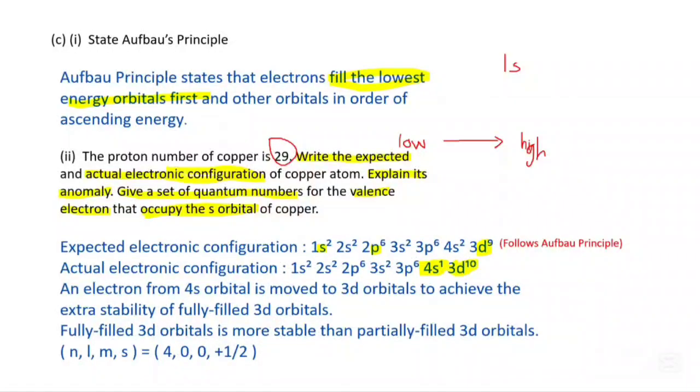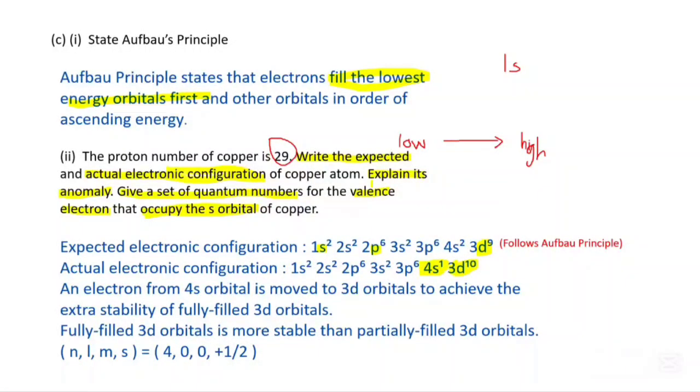As I said, the 3d orbital can fit 10 electrons. Since in the expected electronic configuration the d orbital has 9 electrons and needs only one electron to complete its orbital, we moved one electron from the 4s orbital, and the electron filled into the 3d orbital. This is what you are going to explain for the third question.